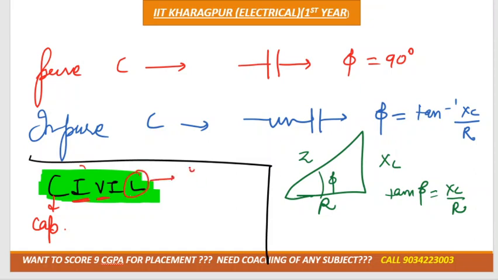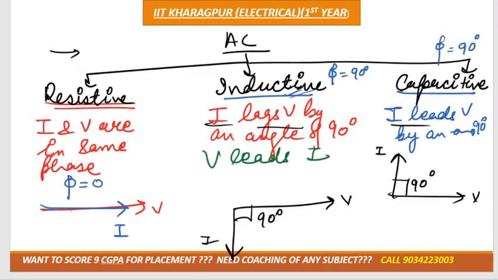Now L stands for inductor. So is voltage first or current first? Voltage is first. That means voltage is leading the current. Okay. Understood? So this is how you can remember the things.